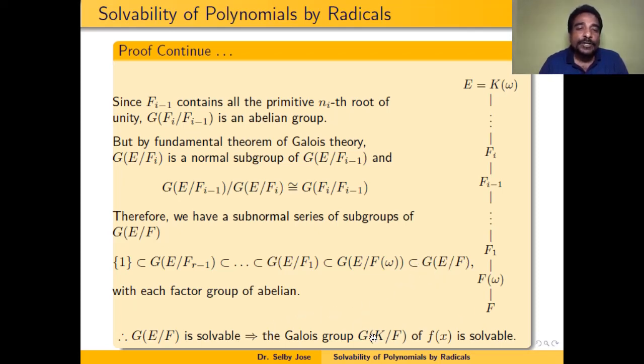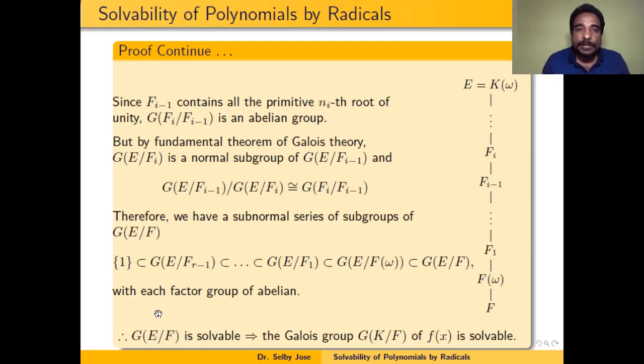Therefore, the Galois group of K over F, which is the Galois group of f(x), is solvable, because it is the quotient group of the Galois group of E over F. So we have proved that if f(x) is solvable by radicals, then its Galois group is a solvable group.